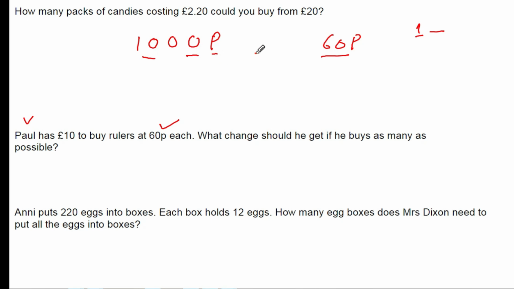You need to divide these numbers. Why? Because when you have the same things, that is pennies and pennies, you are going to find the third different thing, which is the number of rulers. Okay, so now we can divide them.